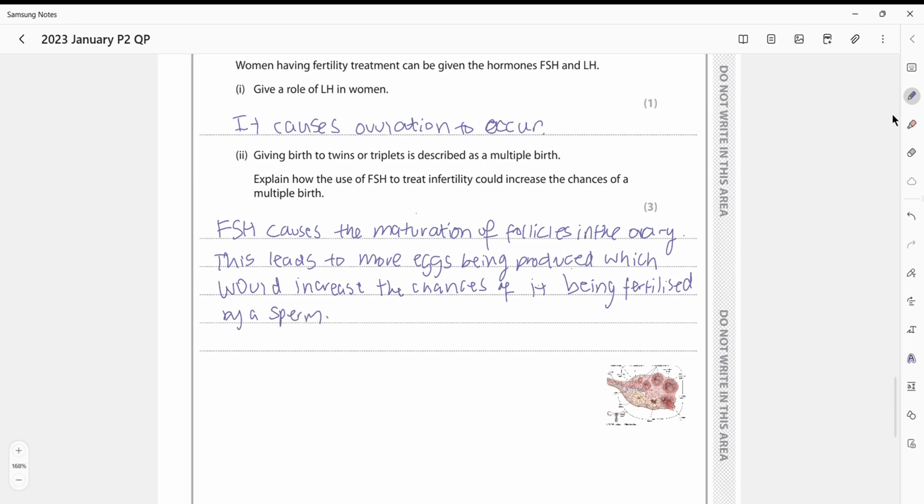All right, 1 mark for maturation of the follicles in the ovary, another mark for more eggs being produced, and another mark for increased chances of the egg being fertilized by the sperm.